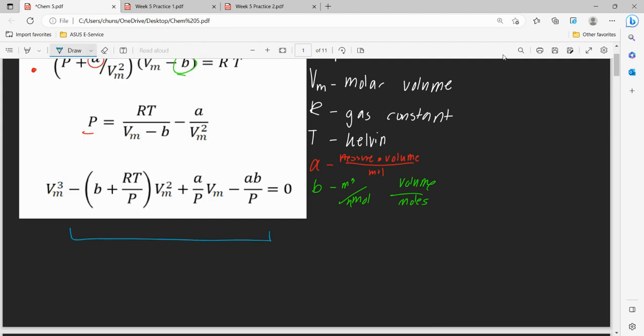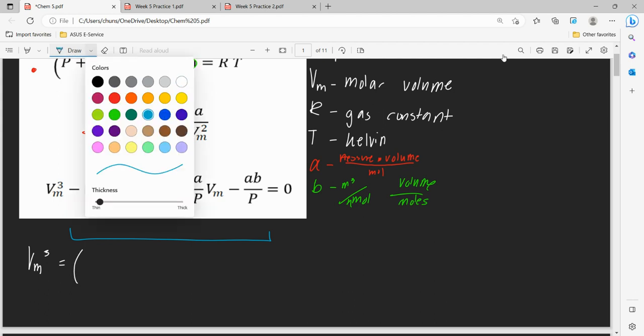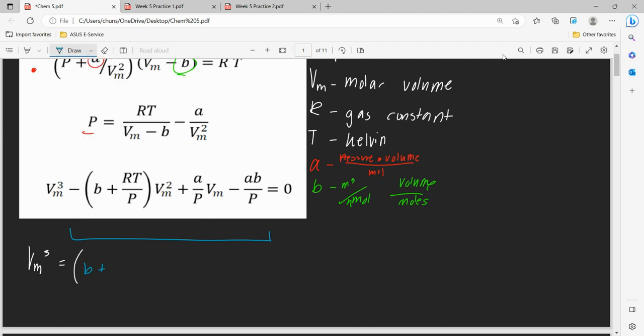So then we just equal to, so that's molar volume to the power of 3 equals, then we're going to move all of our stuff over. So this is B plus RT over P, molar volume squared, plus A over P molar volume minus AB over P, and this is equal to 0.